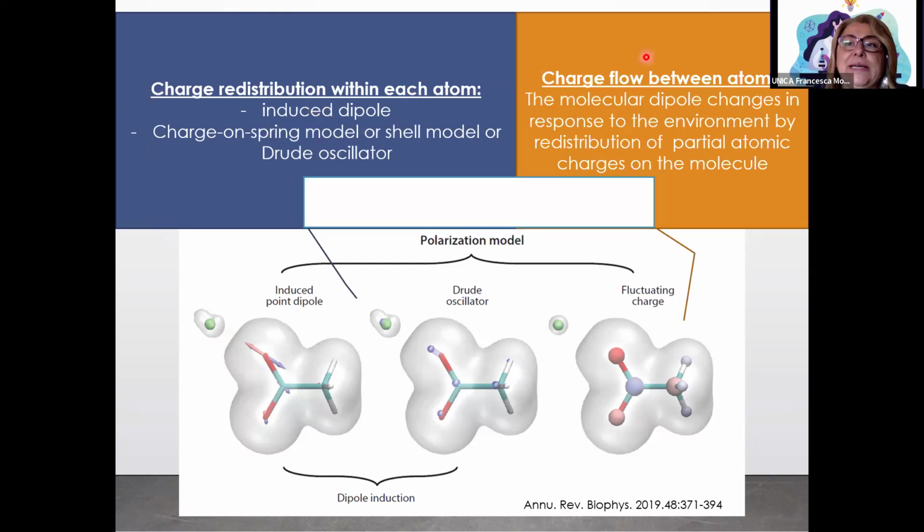Basically, we can divide the types of polarizable force field models in two groups. Those where a charge redistribution is allowed within each atom, and the second class is a class where the redistribution of the charge is calculated over the entire molecule together.